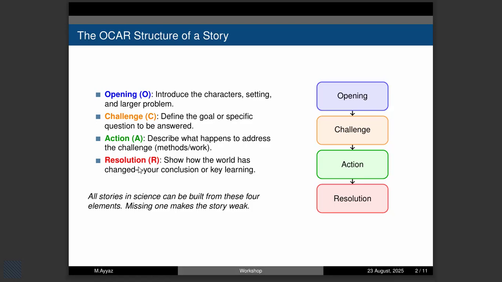It gives the audience the idea of how our understanding about the world has changed by taking these steps that I have described earlier. So these four elements are called the OCAR structure of a story, and these are very essential elements of the structure of a story.